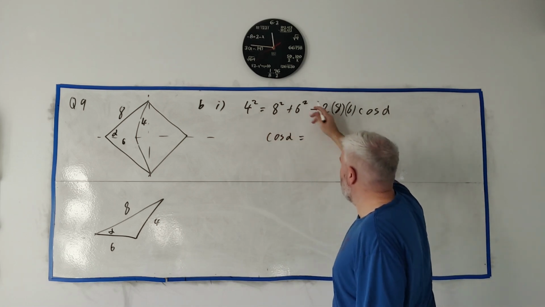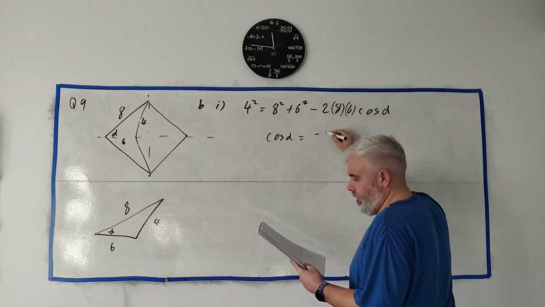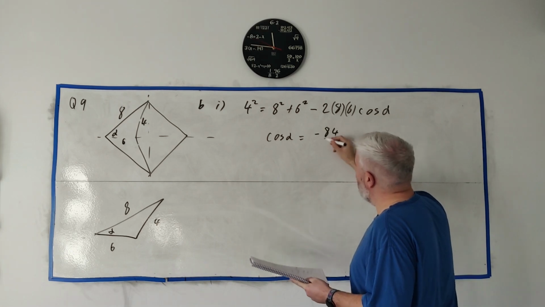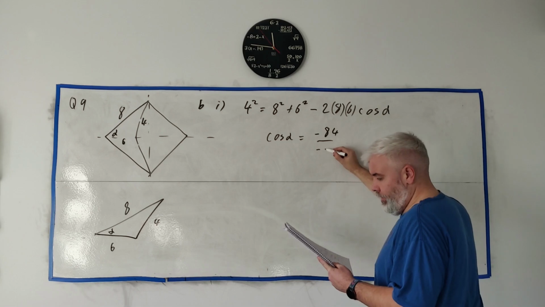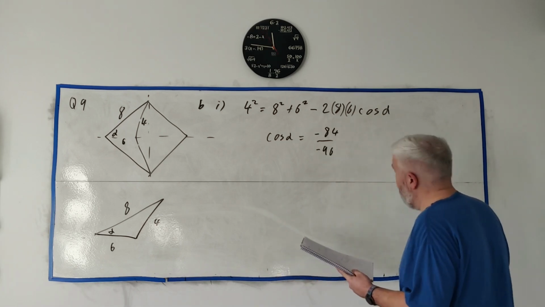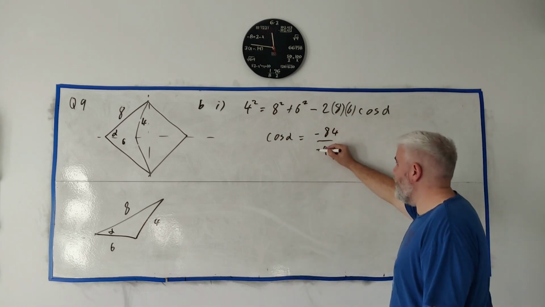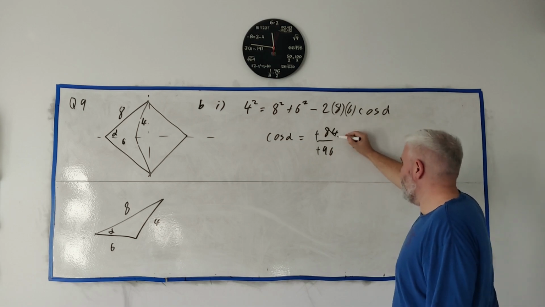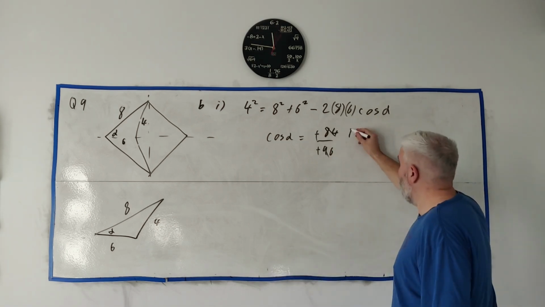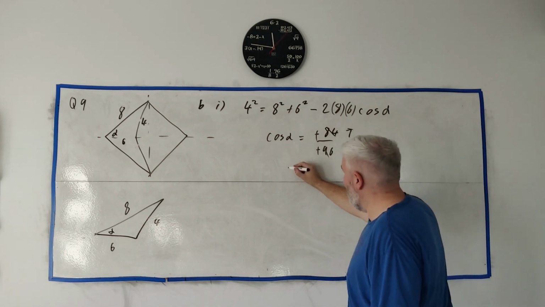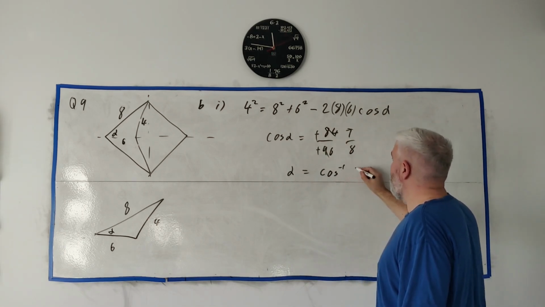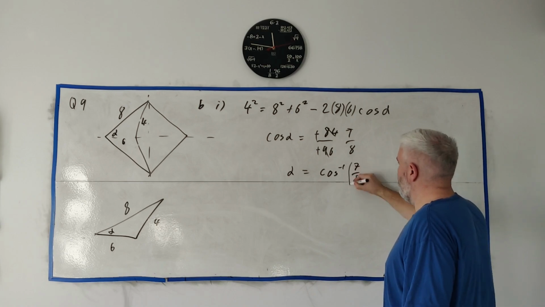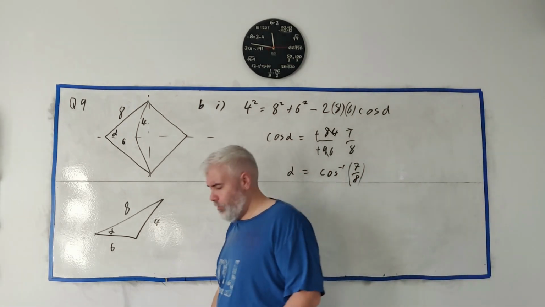This minus these 2 would be minus 84. Then divided by all of this, that'd be minus 96. Is equal to, let's see, the 2 minuses cancel. These both cancel down to 7 over 8. And that's what they gave us once we moved the cosine over. Alpha is equal to the inverse cosine of 7 over 8. And that's the answer to part 1.